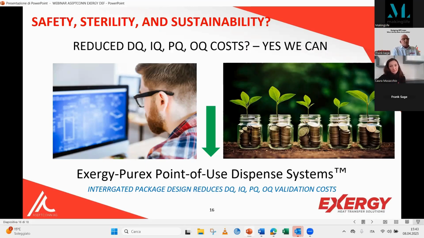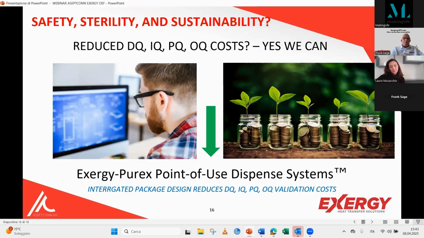So a single purchase order, a single supplier, but more than a supplier, an engineering partner delivering custom built, fully performance tested point of use systems created specifically for each application within the client's distribution and dispense requirements.